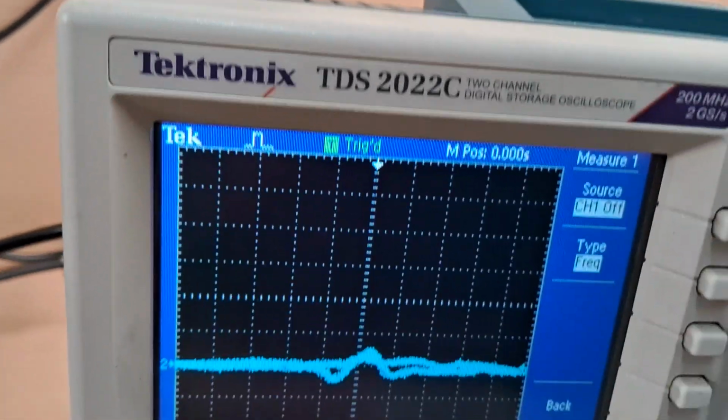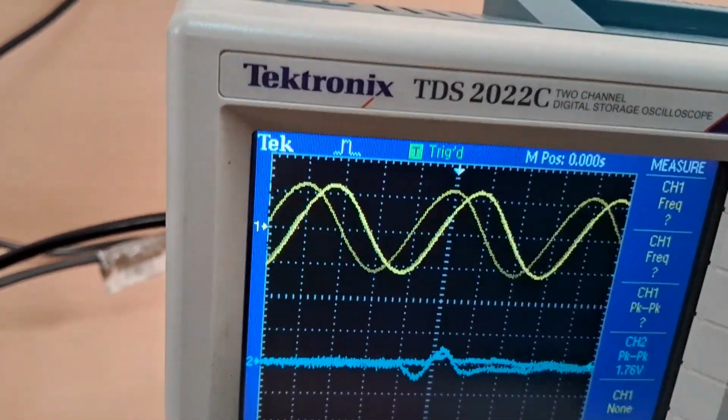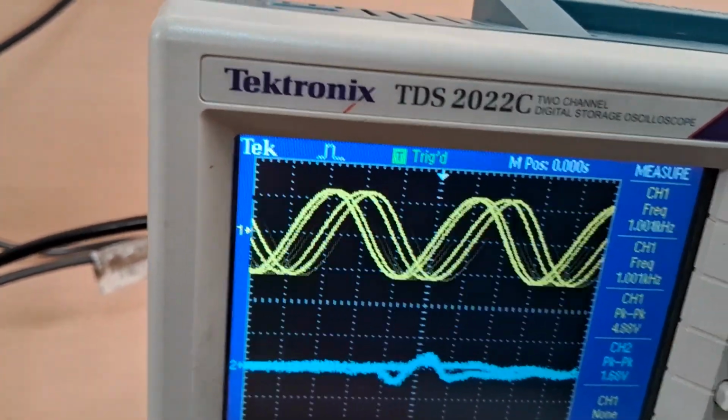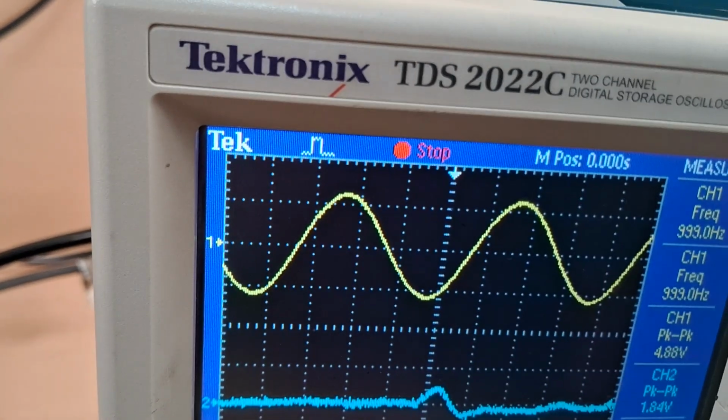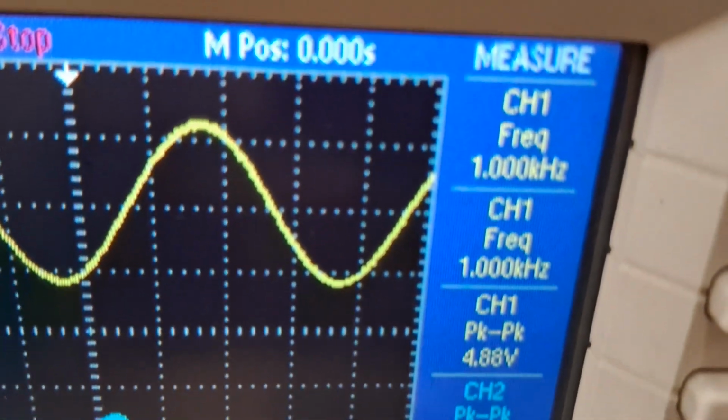Sorry, I turned off the channel. So here it is channel 1, measure channel 1, and the frequency you can see is exactly 1.00 kilohertz, which has been generated, right?